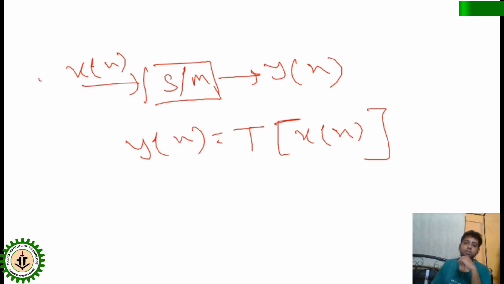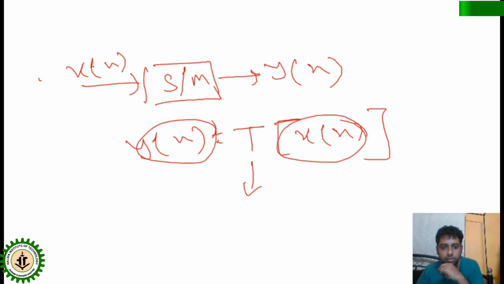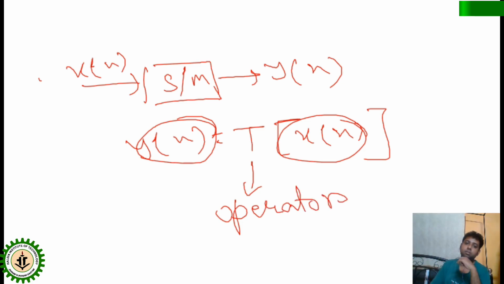What is a system? A system means that after performing some operation on the input signal, we get some output signal. That is, y[n] is equal to T of x[n], where T represents an operator. After performing some operation on the input signal, we get the output signal, so T is called the operator. In this way we represent the system.